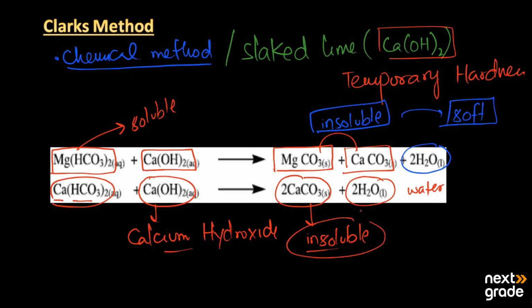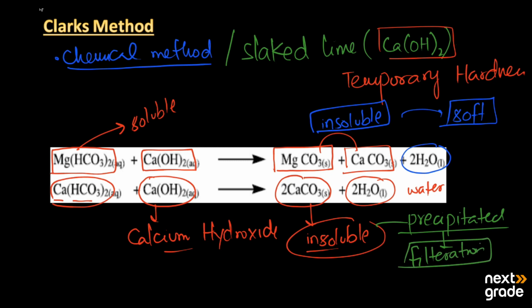These insoluble products can be precipitated out and removed by the simple process of filtration. The water that we gain is simply soft water, because it does not have any calcium and magnesium substances in it.